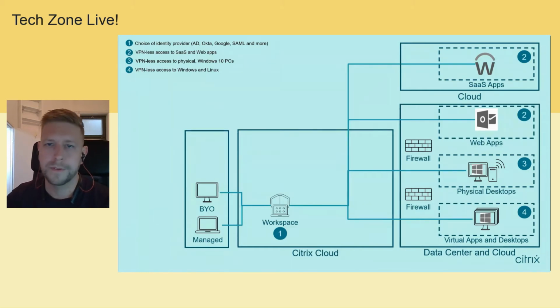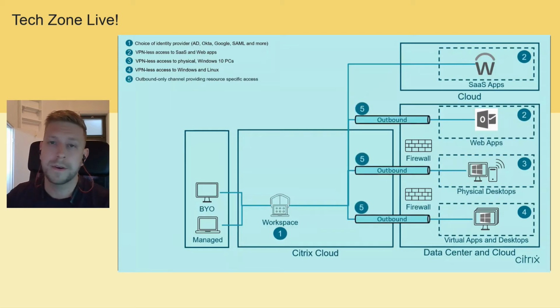And this, of course, is also VPN-less access to web apps. So you might have web apps running in Azure, some in an on-premise data center, and so on. And instead of opening firewalls and providing that attack surface, just open network ports and so on, we can provide VPN-less access through the Workspace instead, which essentially means that we are minimizing the amount of attack surface we are exposing for any apps and systems.